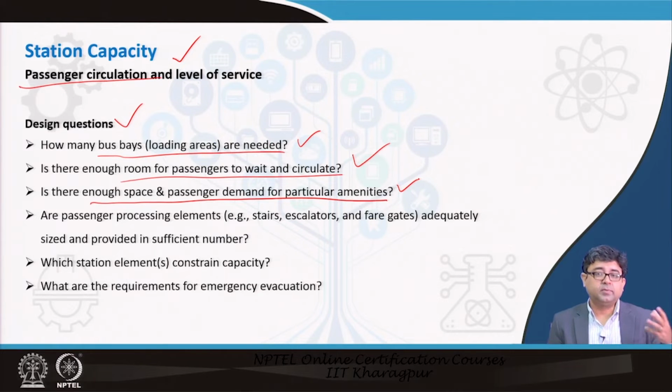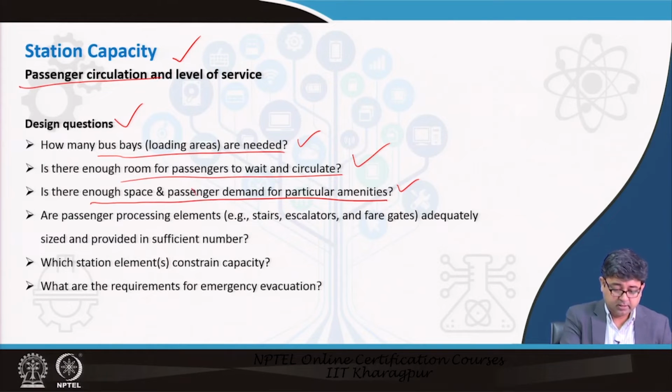If there are elderly people, then maybe you need to put in a bus shelter and benches, even though the line capacity may not require you to put in a seat and a shelter, but the demand of the passengers may want you to put in a bus shelter. So, you have to answer the question of what the passenger demand is for particular amenities, right.